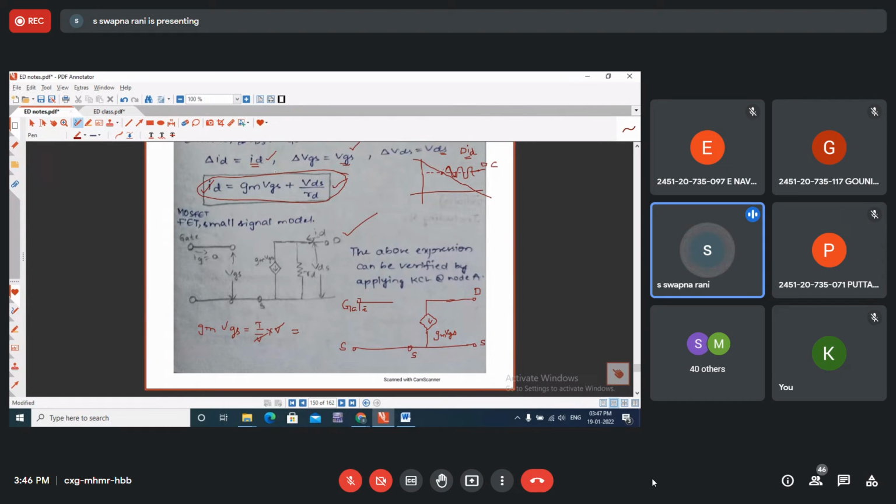And what about the second term? VDS by RD. The drain current has two components, GM VGS and VDS by RD.